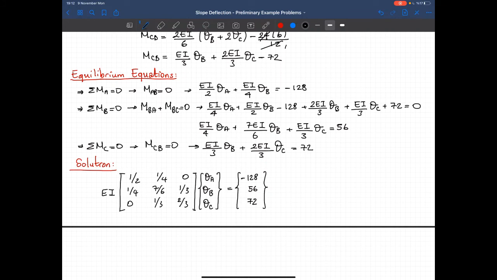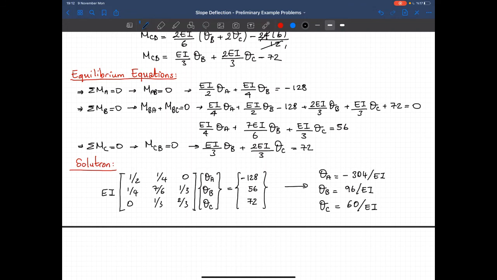Okay, and if you solve the system of equations, you will obtain theta A equal to minus 304 divided by EI. Theta B is 96 divided by EI. And theta C is 60 divided by EI.